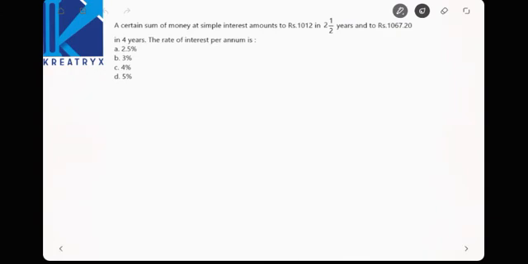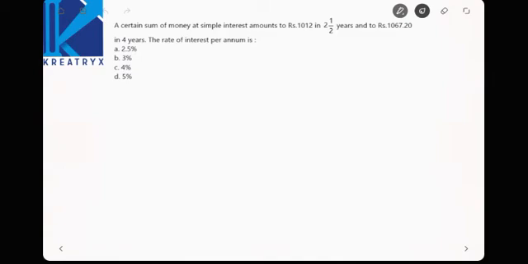Simple technique questions, right? These were previous GATE questions, right? A certain sum of money at simple interest amounts to rupees 1012 in 2.5 years and to rupees 1067.20 in 4 years. The rate of interest per annum, you have to find out the rate of interest, right?